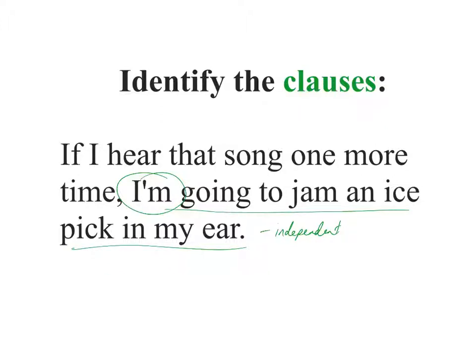If you just started the sentence there, I'm going to jam an ice pick in my ear, that's a sentence. So that's an independent clause. But this is also a clause up here. I hear that song. So I would be the subject of that clause. And it's got a predicate too, just as this one does. But this one, if we just started the sentence there, if I hear that song one more time, it's unfinished. It's a dependent clause. It needs the rest of the sentence to make sense. So we have a dependent clause followed by an independent clause.